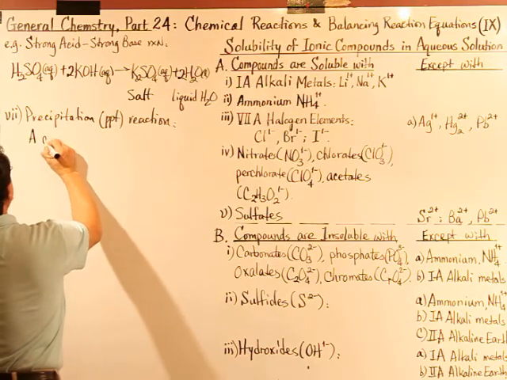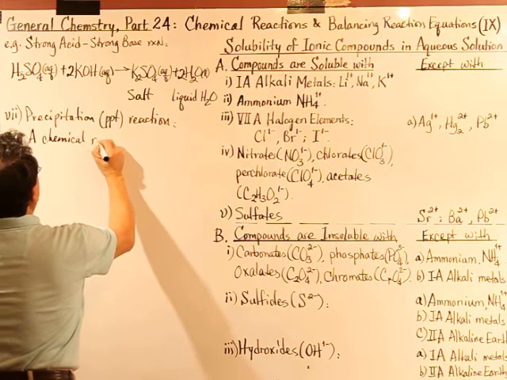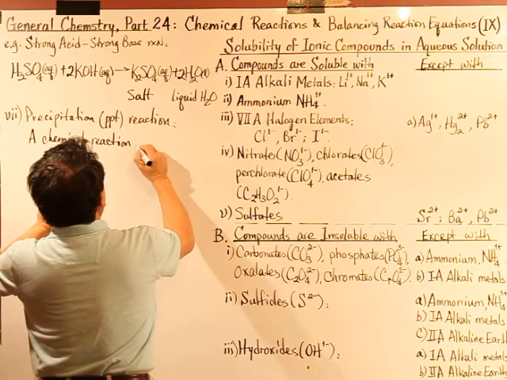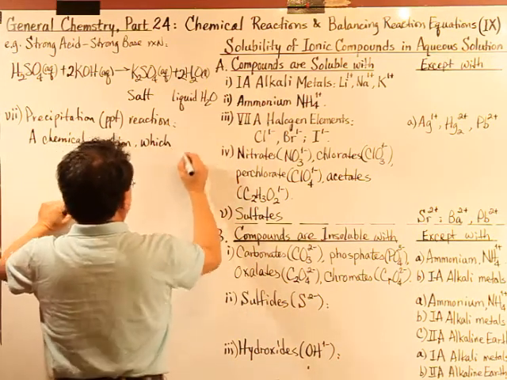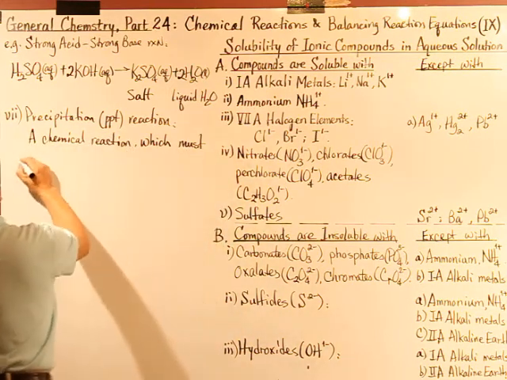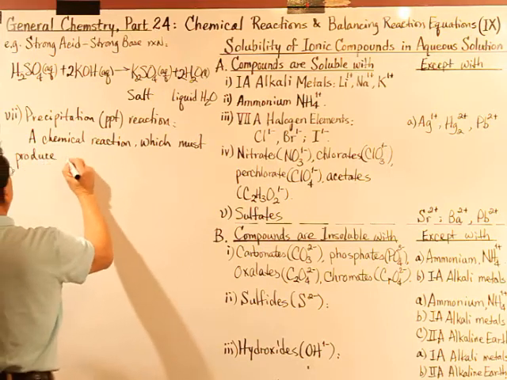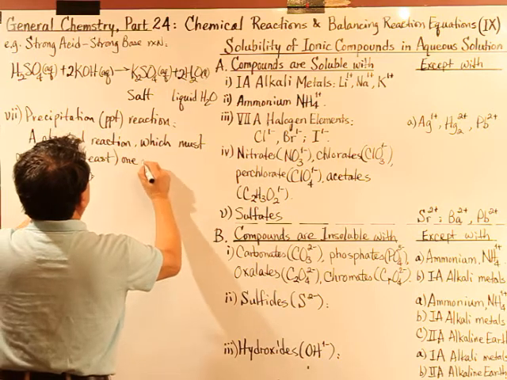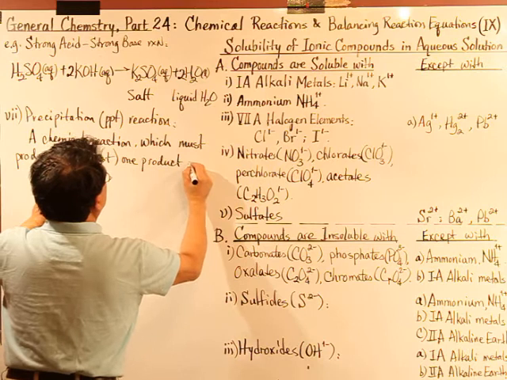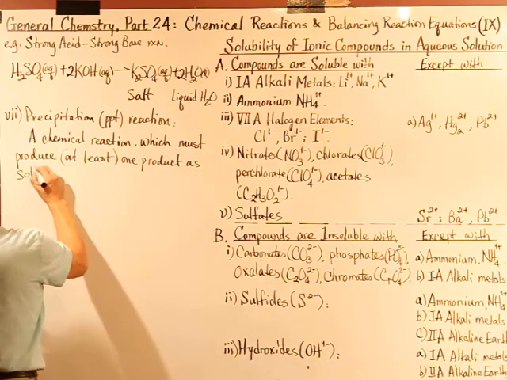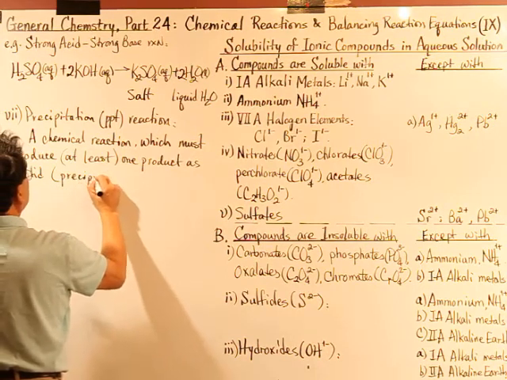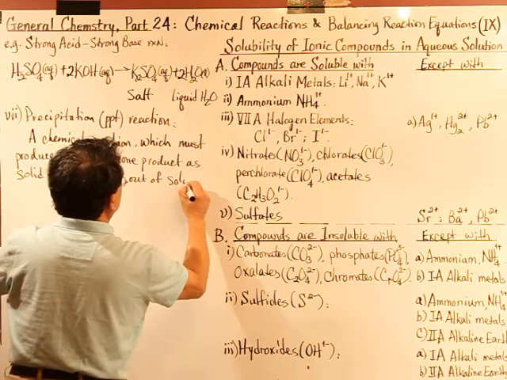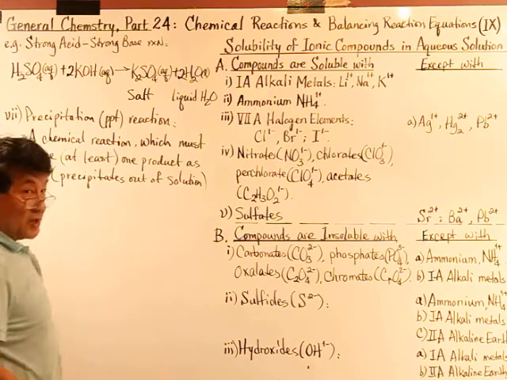It's a chemical reaction, right, which must produce, at least, most times is one, at least one product as solid, which means it will precipitate out of the solution at the beaker of the reaction chamber, right?